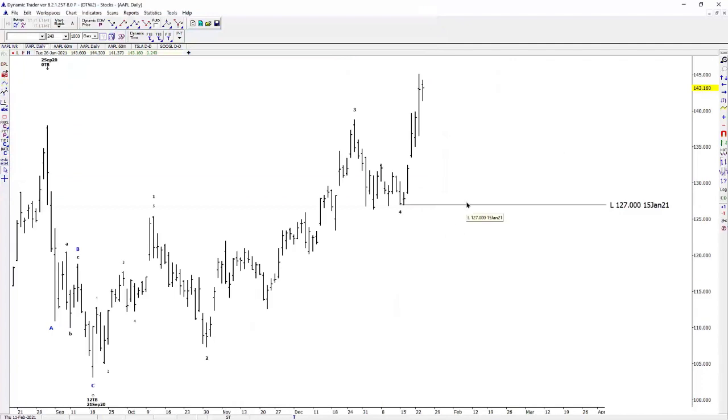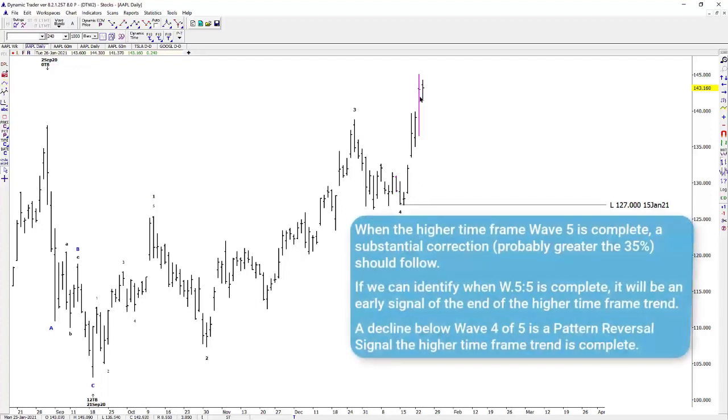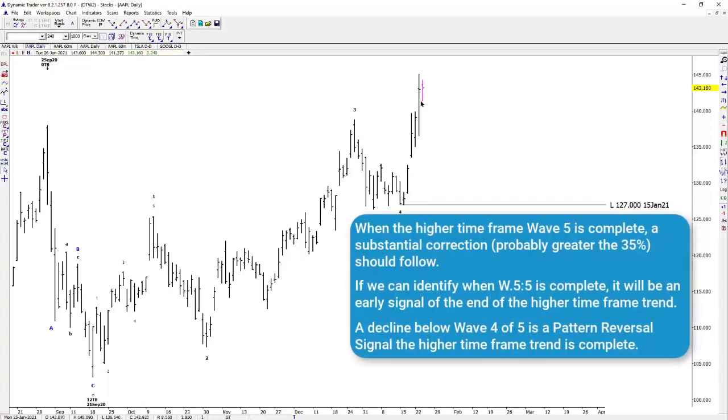So here's our daily data, and again, we've drawn that horizontal line below the wave 4 of 5. And as we mentioned, if we take that out, we've probably completed the higher time frame 2-year trend for the wave 5. So let's see if we can go down and subdivide this last wave 5 of 5 and identify when this might be complete.